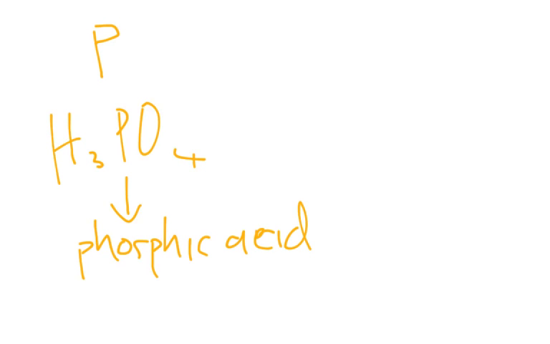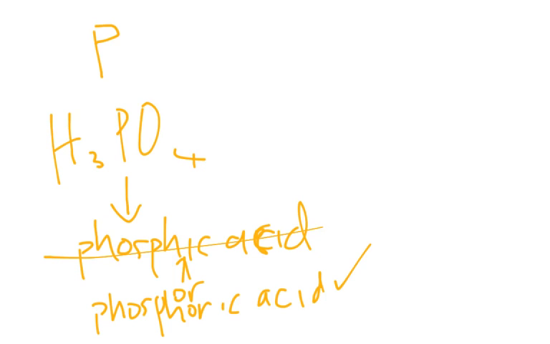Remember, we have to add the OR before the ic. So this would instead be called phosphoric acid. And that's the correct way to do it, and that's the wrong way to do it.